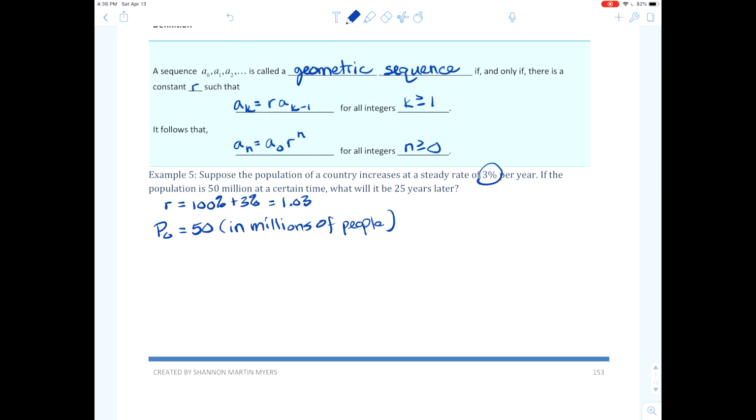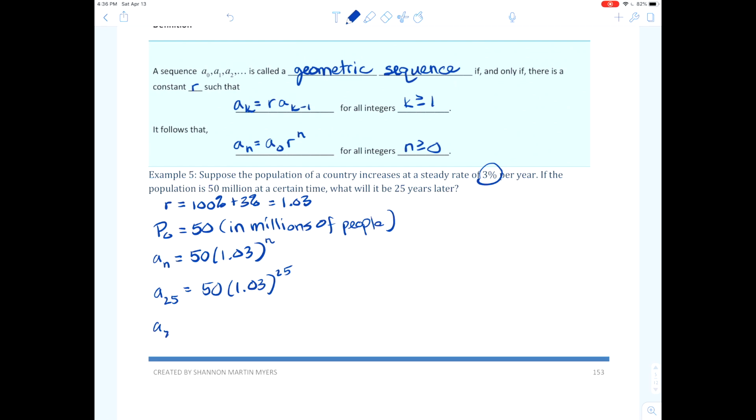Well, a sub n would be equal to 50 times the r, which was 1.03, raised to the n. So therefore, A25 is going to be 50 times 1.03 raised to the 25th.